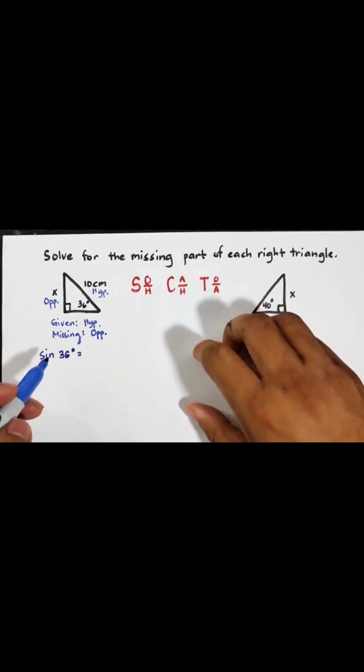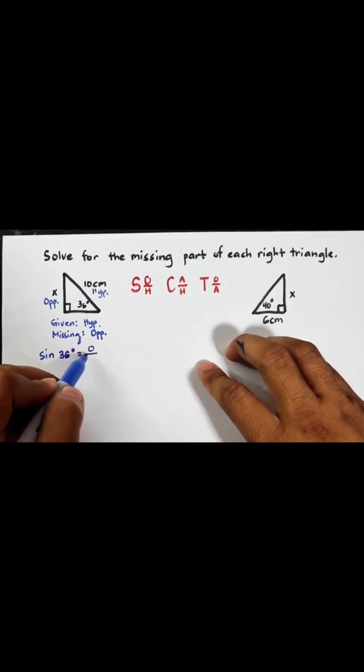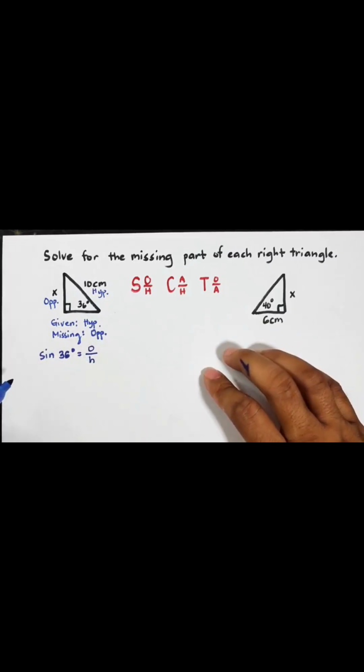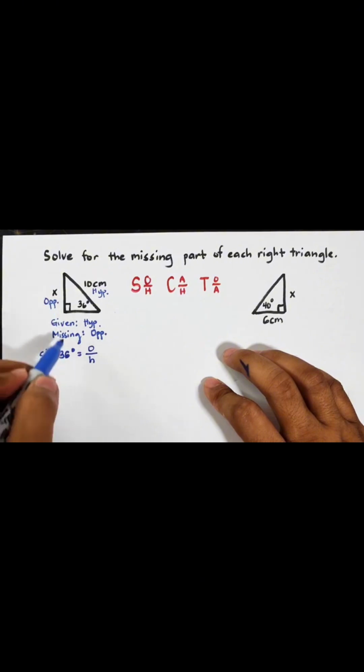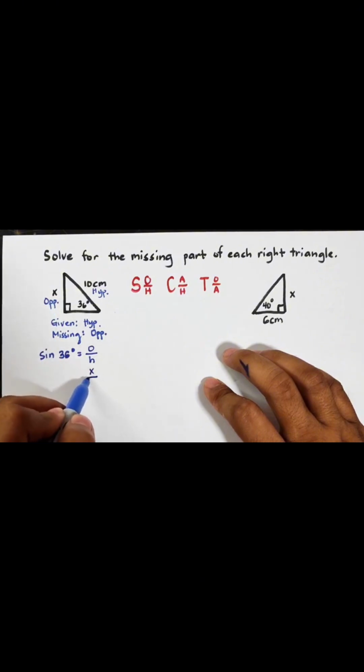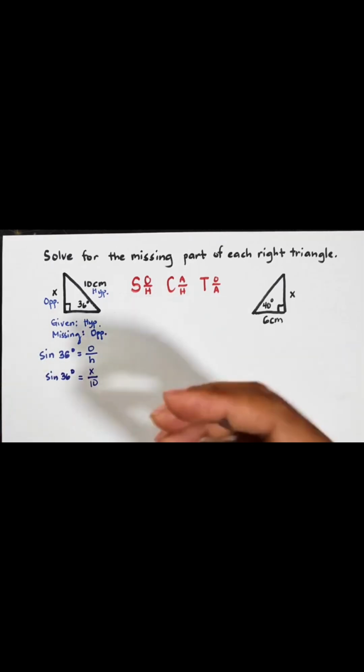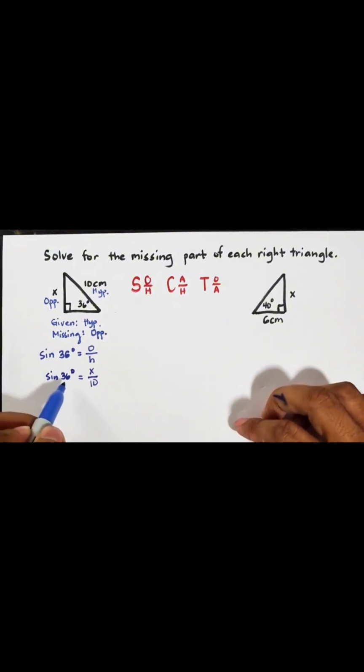And remember our ratio, opposite over the hypotenuse. We substitute the value of the opposite side, which is x, and the hypotenuse is 10. Copy this one, we have sine 36 degrees. What's next is we will cross multiply.